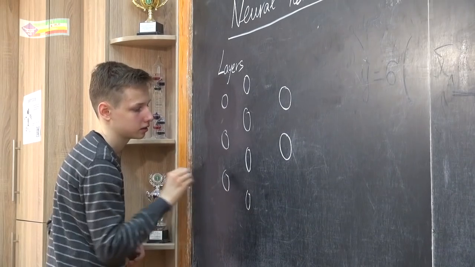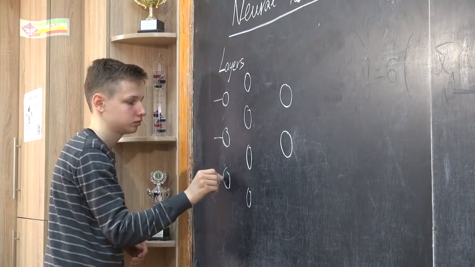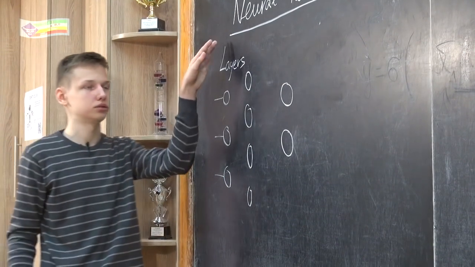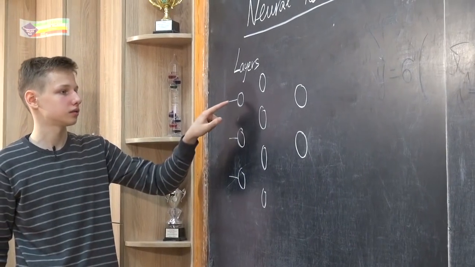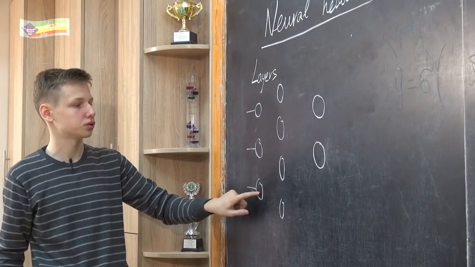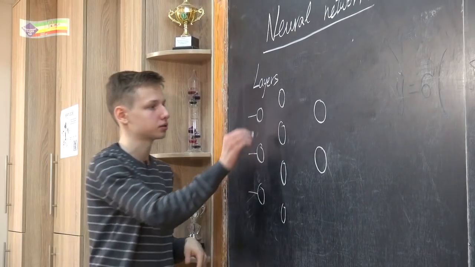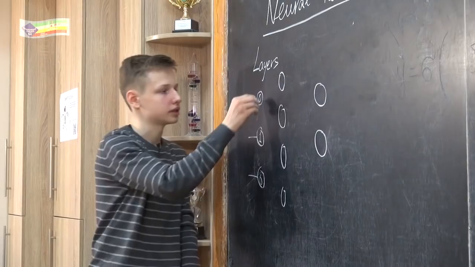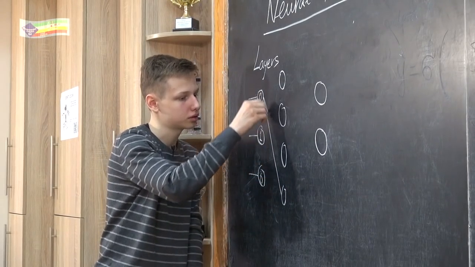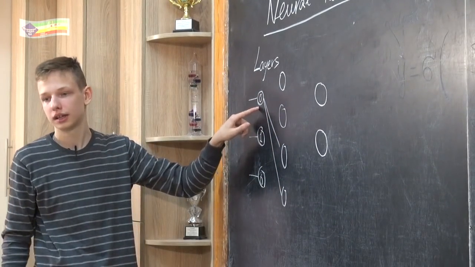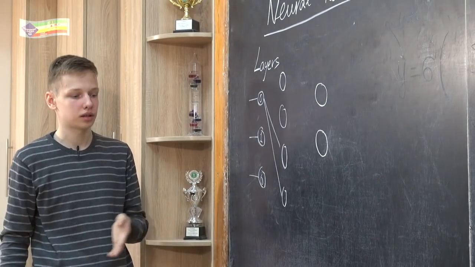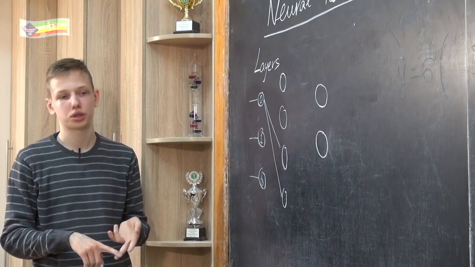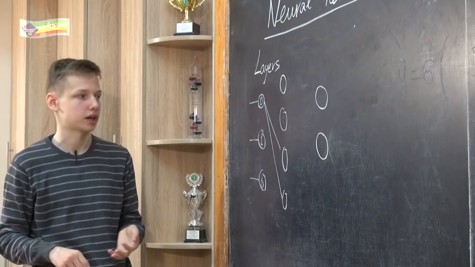For example, this is a neural network, and we give the first layer of neurons some values, 0, 1, 0. Then we connect each neuron. This neuron is called input, and it has only a value and it doesn't have outputs, squashing function, activation function, and summation.